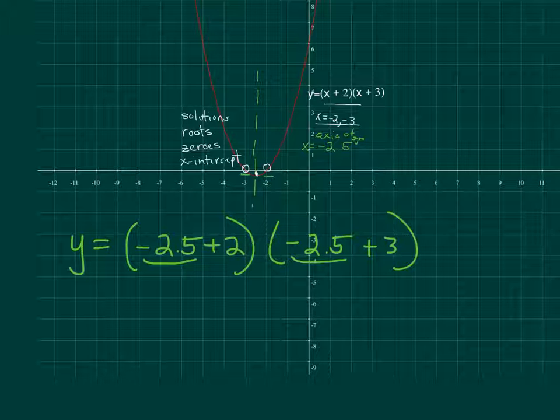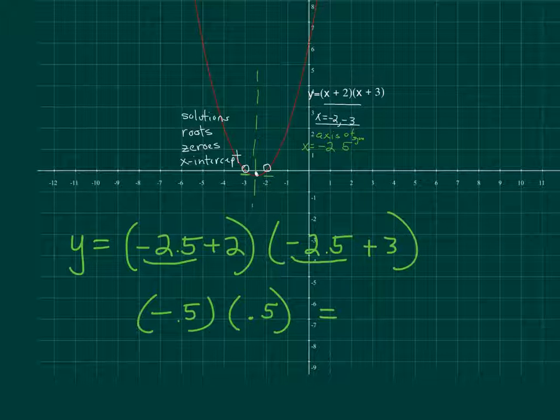So -2.5 plus 2 gives us a -0.5 for that factor. And then we have a -2.5 plus 3, which gives us a positive 0.5. And that altogether is going to give us a -0.25 for our y.